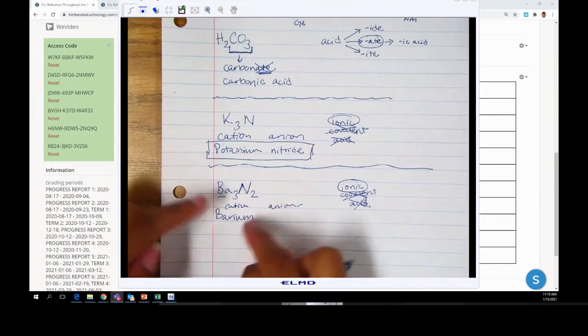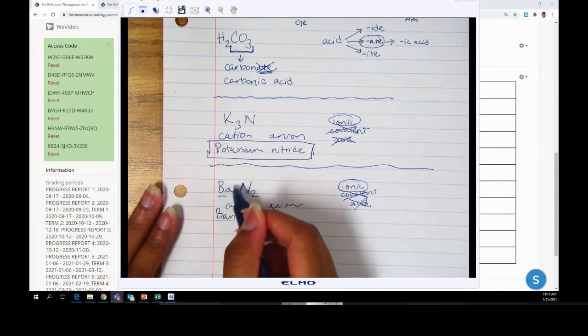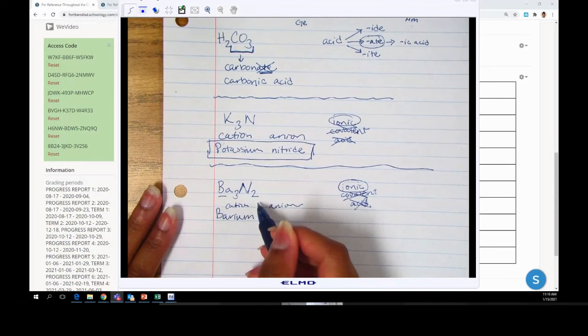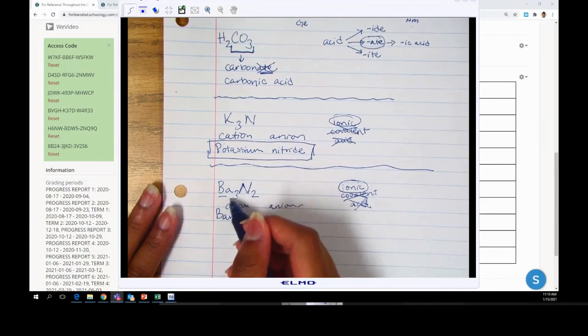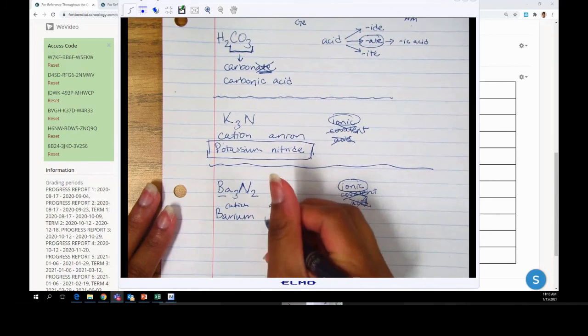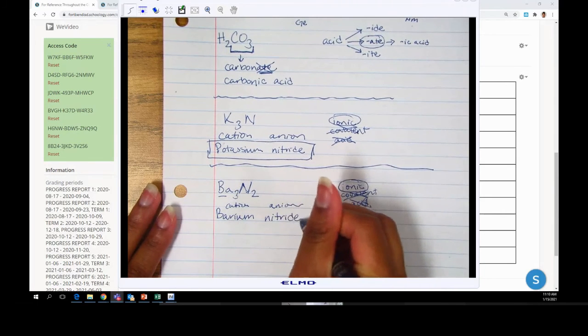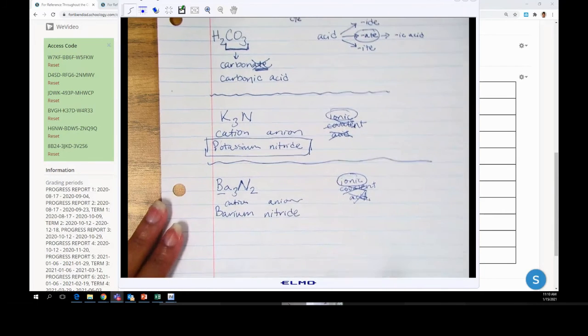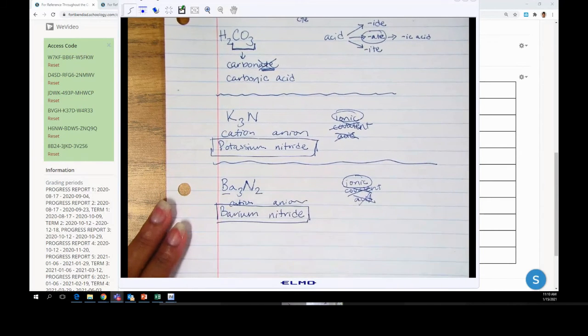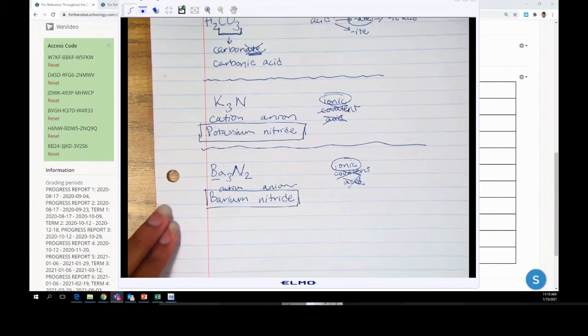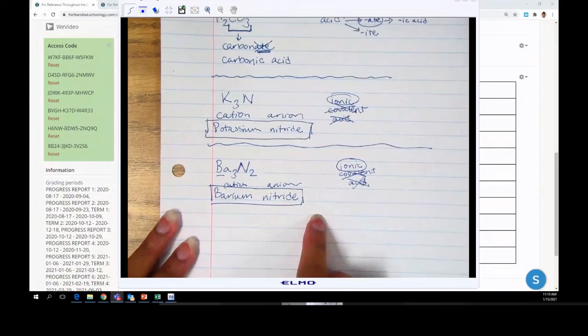And you can see how that would have looked crisscrossed, right? Barium was the 2 plus, and that 2 was crisscrossing down here. Nitride had a 3 minus, and that 3 is crisscrossing down to this subscript. So you can see how that compound was made there. This is barium nitride. Right. No Greek prefixes.